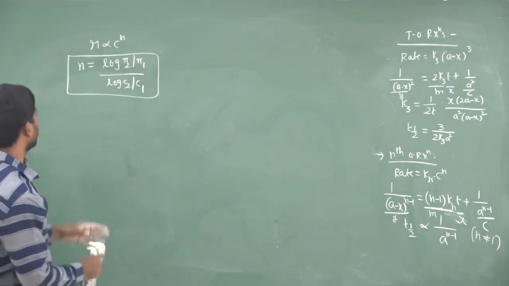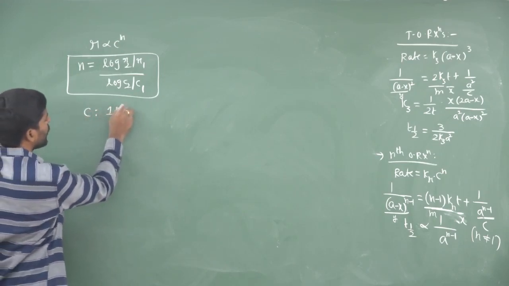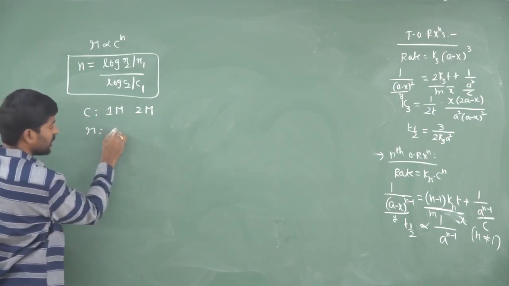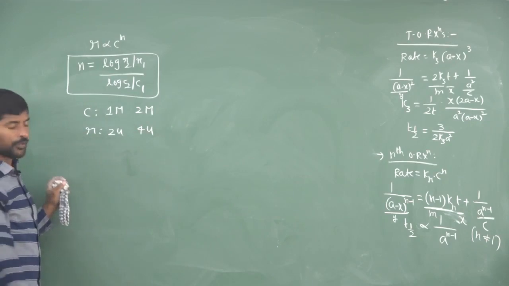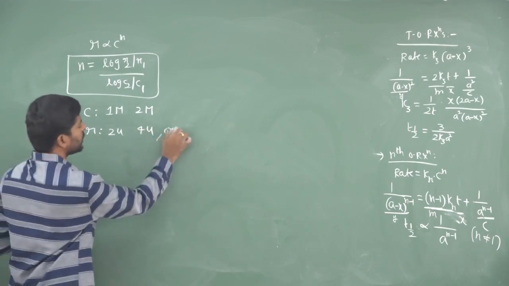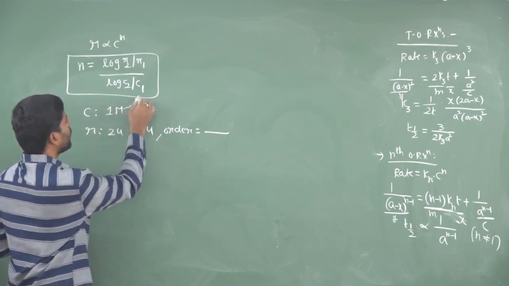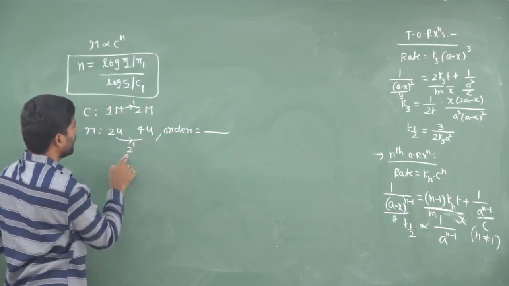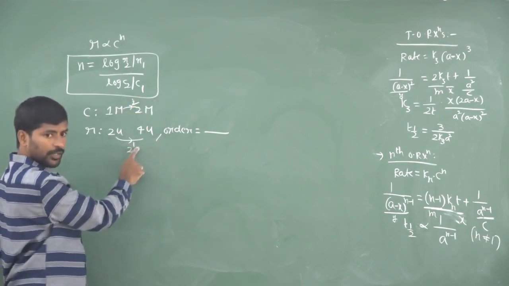Okay, if concentration is increased from 1 M to 2 M and rate is increased from 2 units to 4 units, for example, what is the order of the reaction? Concentration we are increasing by 2 times, rate is also increased by 2 power 1 times.